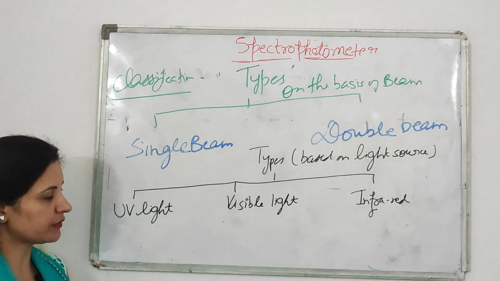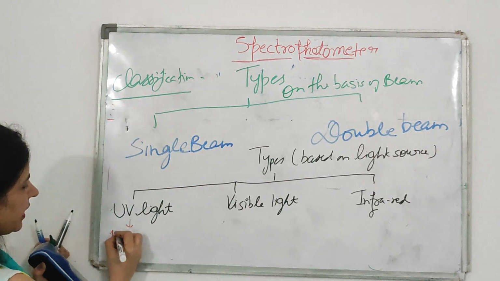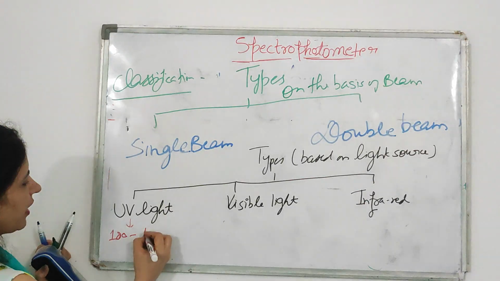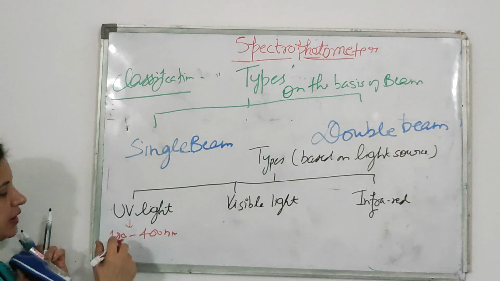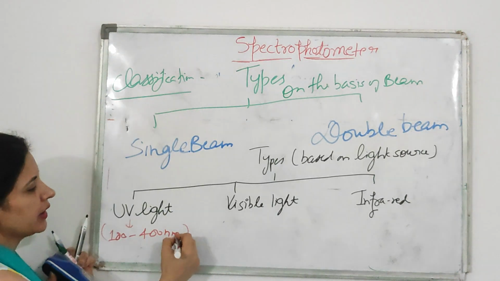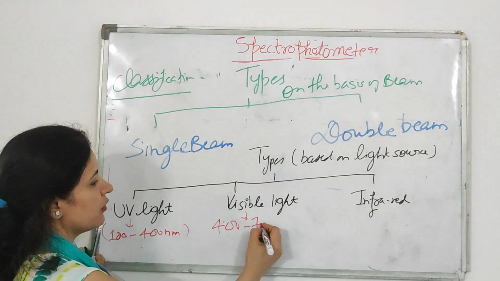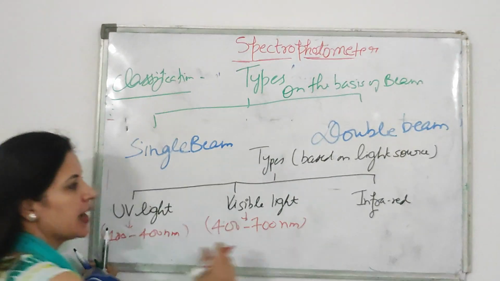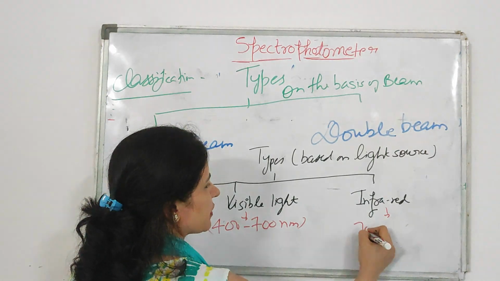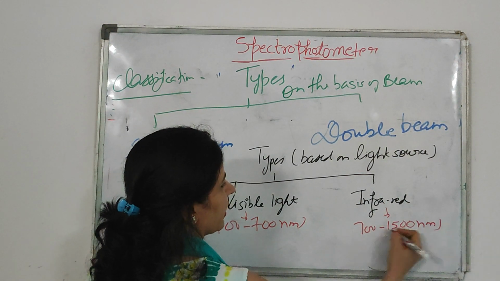What is the range of UV light? The range of UV light is 180 to 400 nanometer. The visible range is 400 to 700 nanometer. And infrared ranges from 700 to 1500 nanometer.